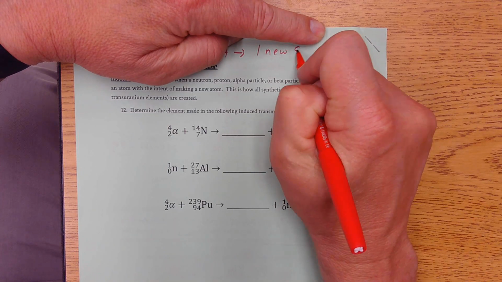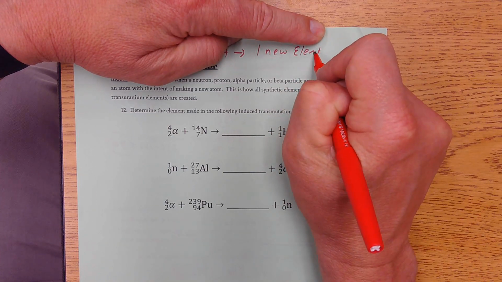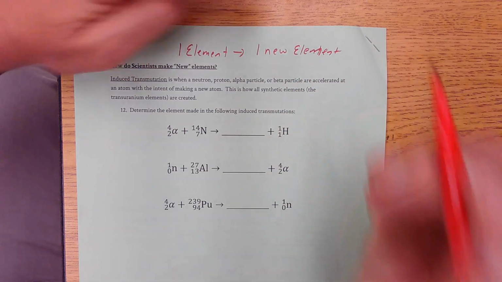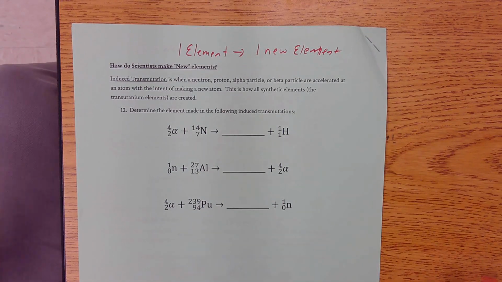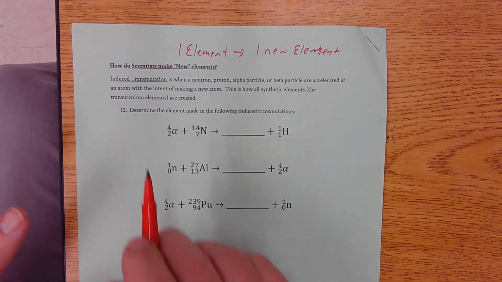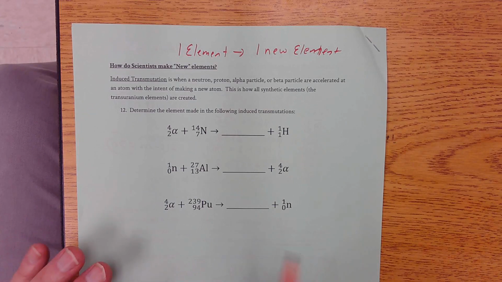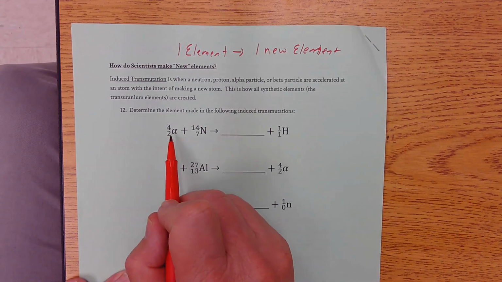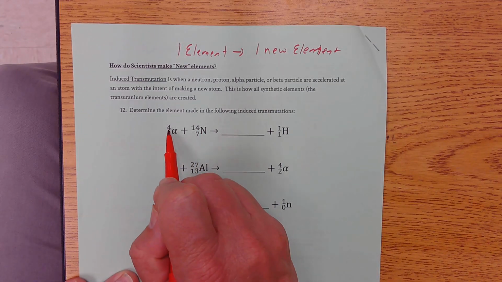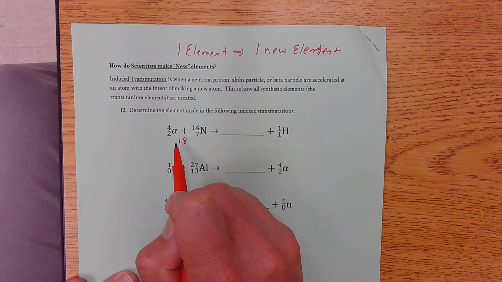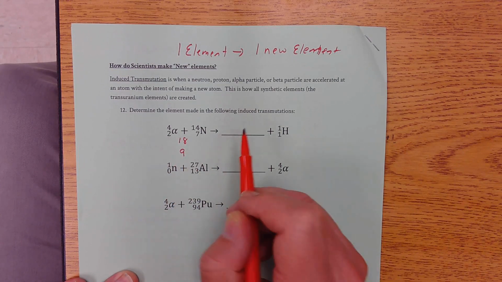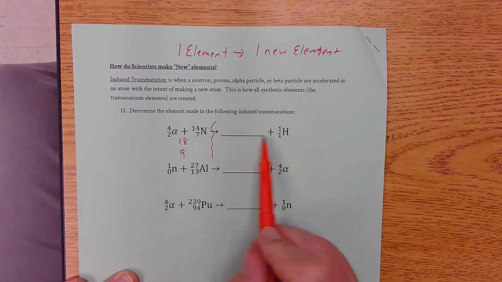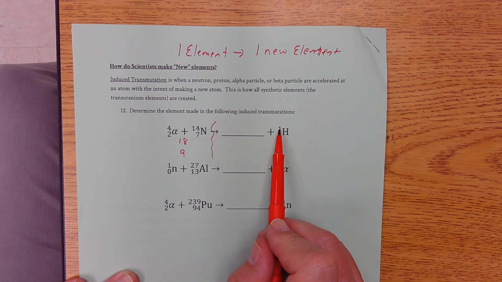So you're actually making a new substance. So it's not the 2 to 1 or 1 to 2, it's just 1 to 1, but we're creating a new substance. Okay? Process is still the same. We add up the tops, so the top here would be 18, the bottom would be 9. Okay, and if I look over here, I have 1 hydrogen.